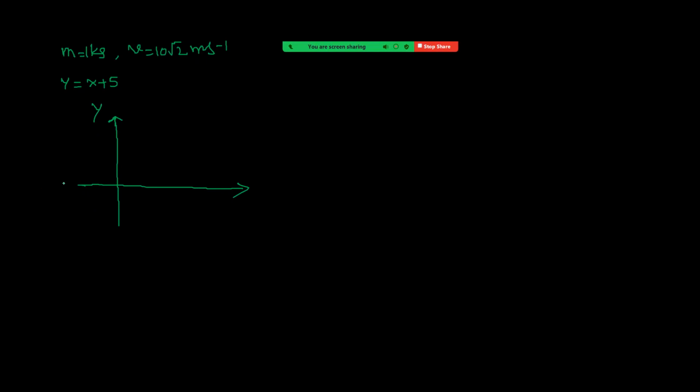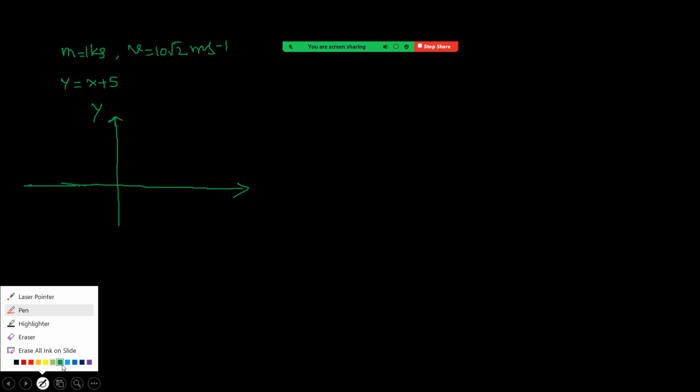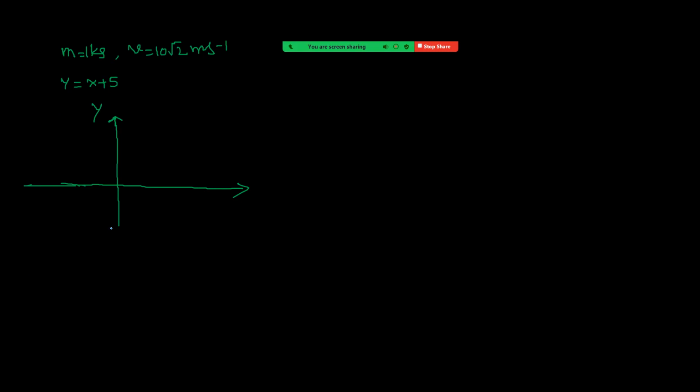That means we can take the line like this, right? This is now y equal to x plus 5. That means this length equal to 5.